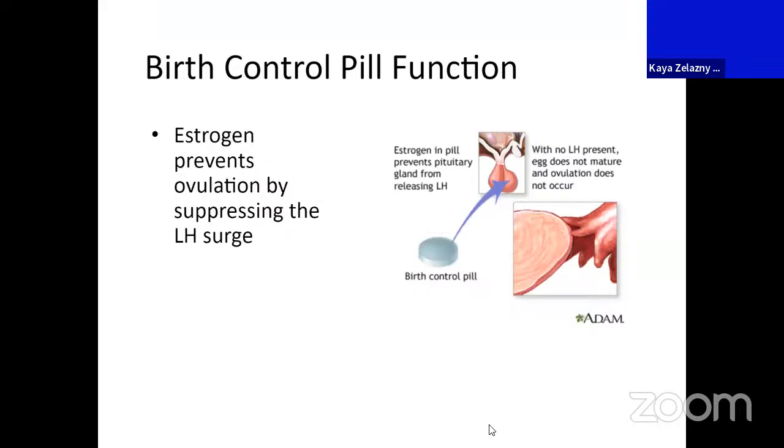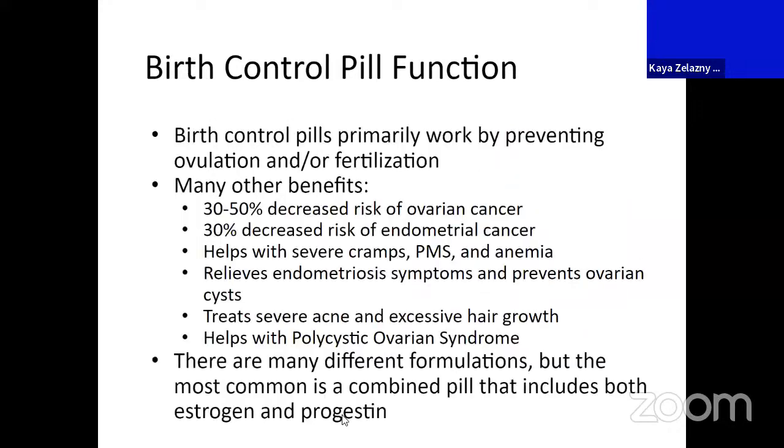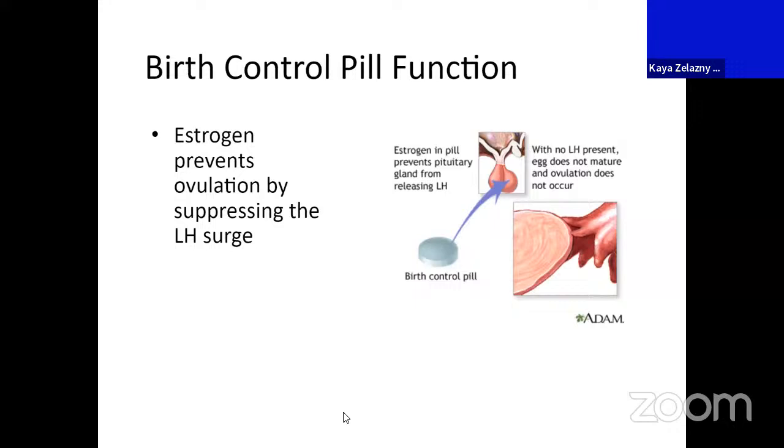Okay. So what's happening there, right, is that there's estrogen in this combined pill, right? Estrogen suppresses ovulation because it suppresses the LH surge. So in order to trigger ovulation, right, we need that LH surge to occur.